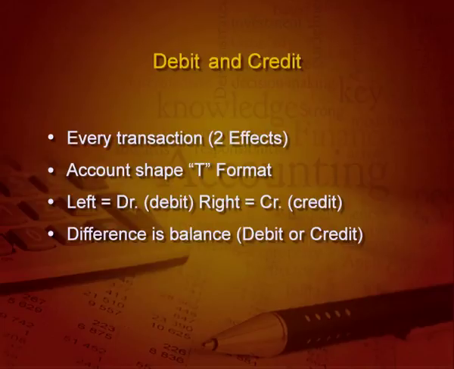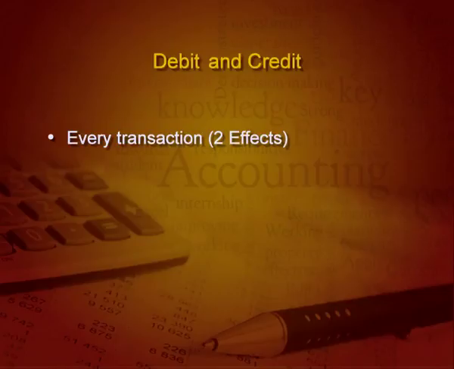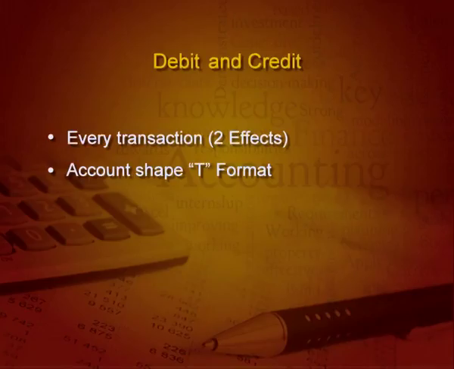Now, let us understand another very important aspect of accounting, that is debit and credit. As you know, the double entry system was started by Luca Pacioli, an Italian mathematician. He first used these words debit and credit. He said every transaction has two effects, one debit, one credit, and we make an account in the shape of a T format.